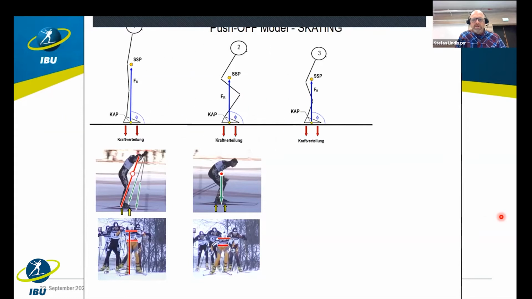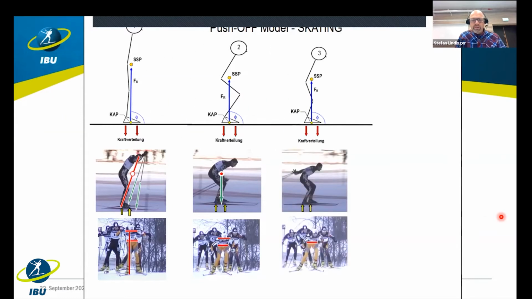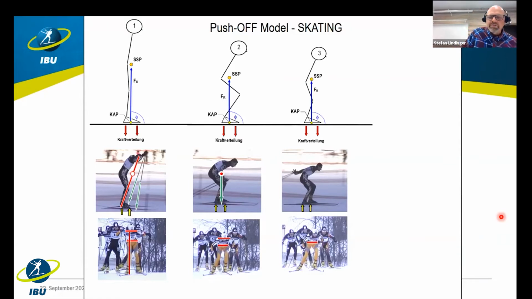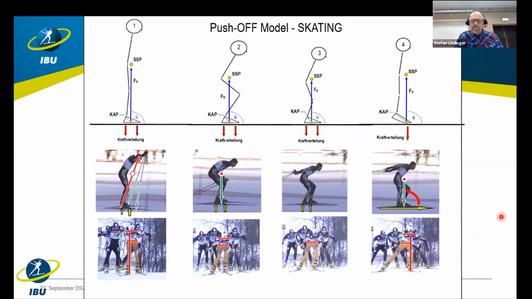The problem starts. And then I start pushing actively. I extend all my joints, hip, knee, and at the very, very end, ankle joint, not too early. And I produce this force that goes a little bit down, but the highest forces are in the deepest position. And at the end, I also have plantar flexion in the ankle joint.